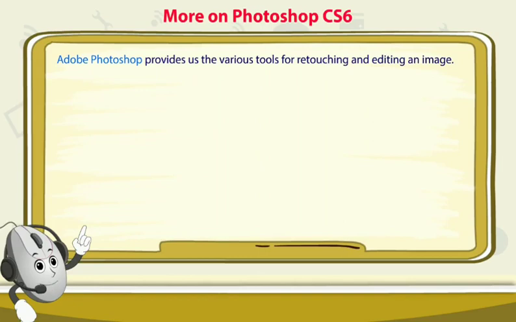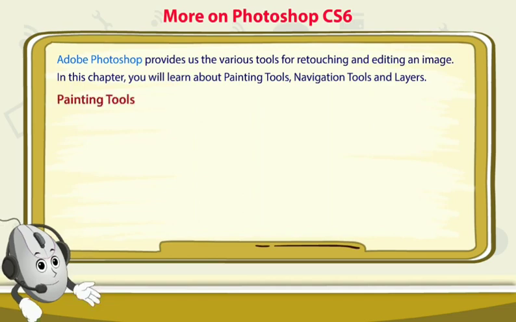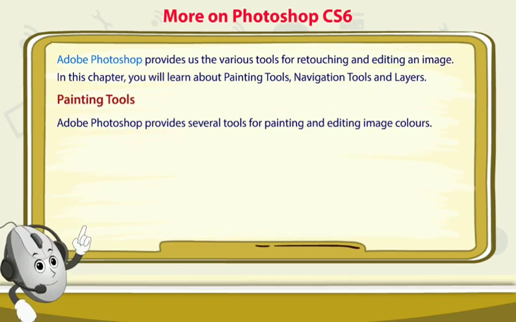Adobe Photoshop provides us various tools for retouching and editing image. In this chapter you will learn about painting tool, navigation tools and layers. Painting tools. Adobe Photoshop provides several tools for painting and editing image.